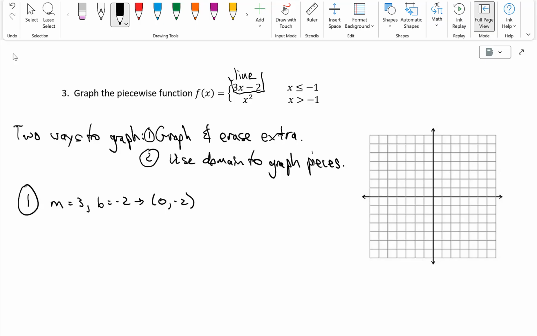I'm going to start at -2, and I'm going to go up 3 over 1. I've got a scale just by ones. If you want to write in some values, you can. I don't want to make it too busy, so it's understood we're by 1 unless we write another scale. But we can plot some more points for that one and get a decent line drawn up and off our graph.